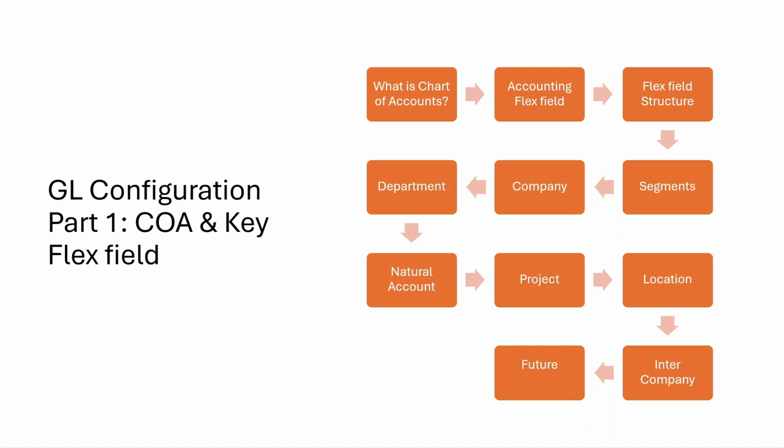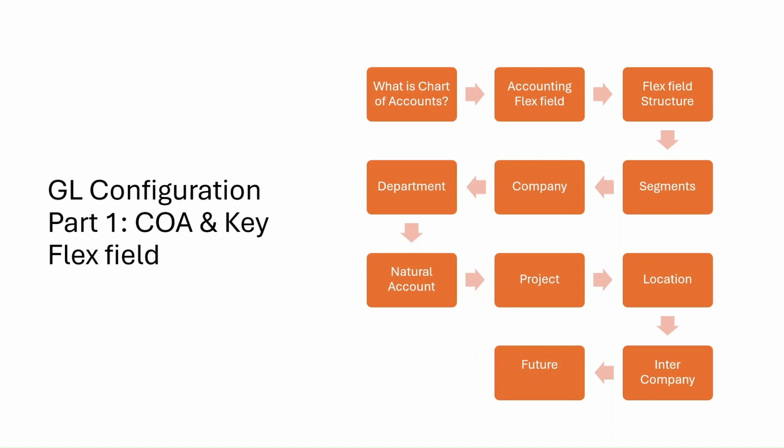For our demonstration, we'll use 7 segments: company, department, natural account, project, location, intercompany, future. So the exact number and purpose of segments can vary depending on the organization's accounting requirements.